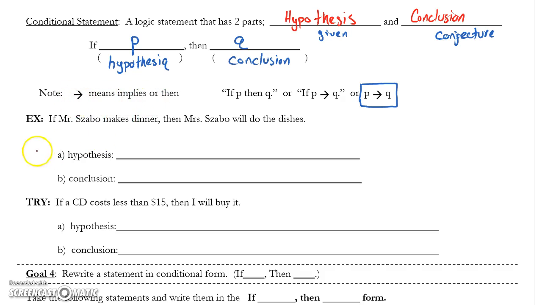So, the first example is just going to be able to pick out our hypothesis and our conclusion. If Mr. Szabo makes dinner, then Mrs. Szabo will do the dishes. Everything that comes after your if, but not including the if, is your hypothesis. So here, we are given that Mr. Szabo makes dinner.